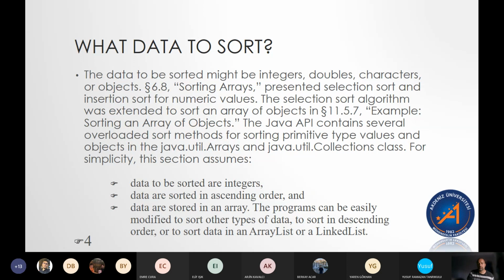But when we study sorting, usually we just say let's use integers, because numbers we know, numbers are easy. And then the data array is going to be sorted ascending, so low values first, high values last.